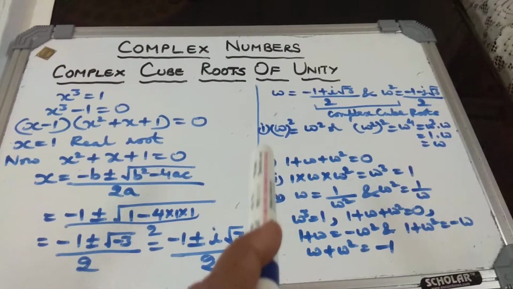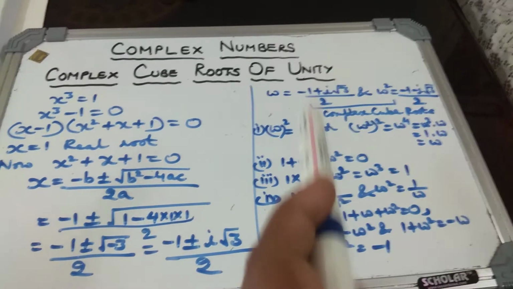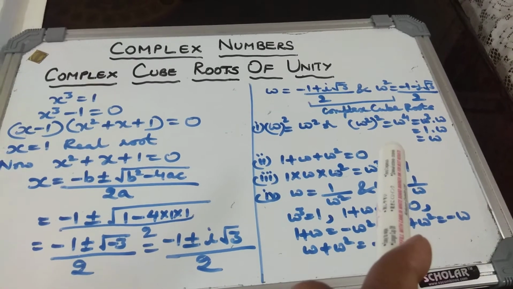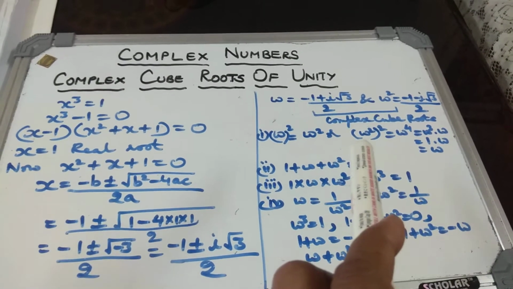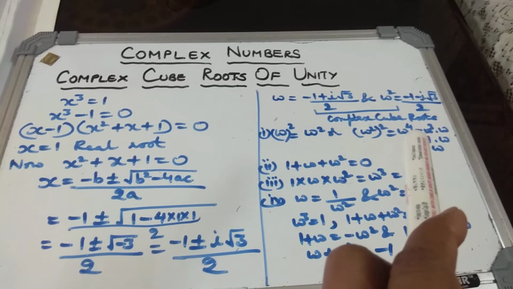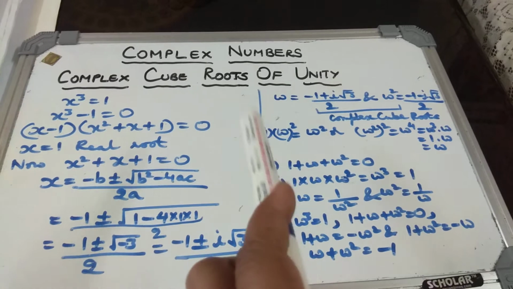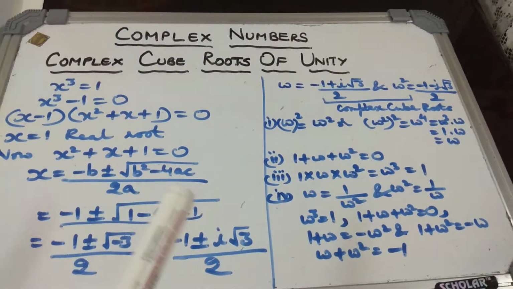So omega whole square is equal to omega square, and just vice versa. Square of this root will be equal to omega square whole square, which equals omega to the power 4, that is omega cube into omega, that is equals to simply this root. Hence this property you have to learn.